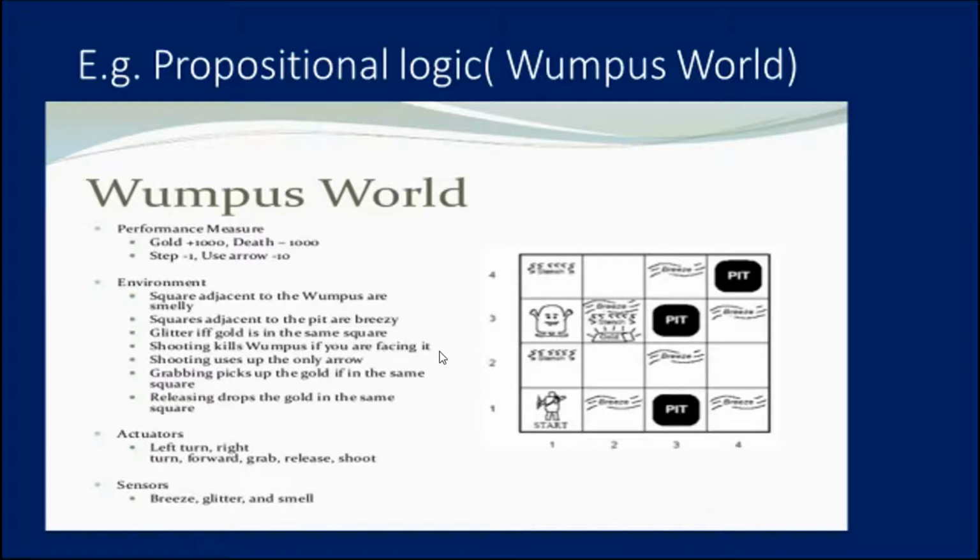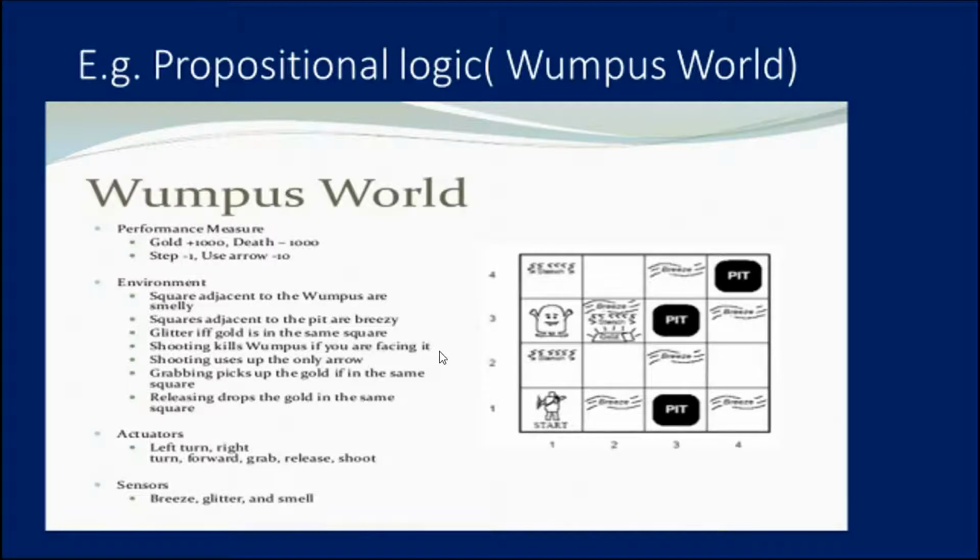There will be a glitter in the room if and only if the room has gold. The Wumpus can be killed by the agent if the agent is facing it, and the Wumpus will emit a horrible scream which can be heard anywhere in the cave.